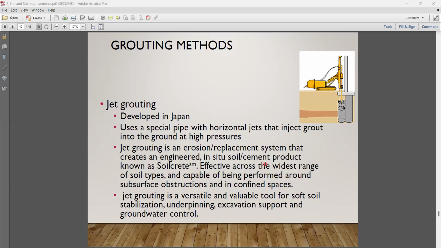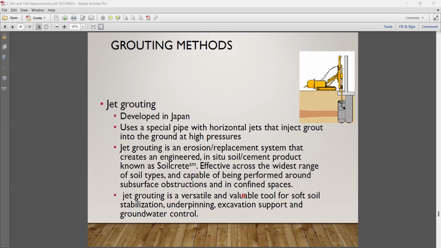Then in Japan, they developed another grouting mechanism called jet grouting. In jet grouting, they inject grout not just by pumping, but at very high pressure. That is a valuable tool for soft soil. Soft soil means not very hard, or with higher void spaces.